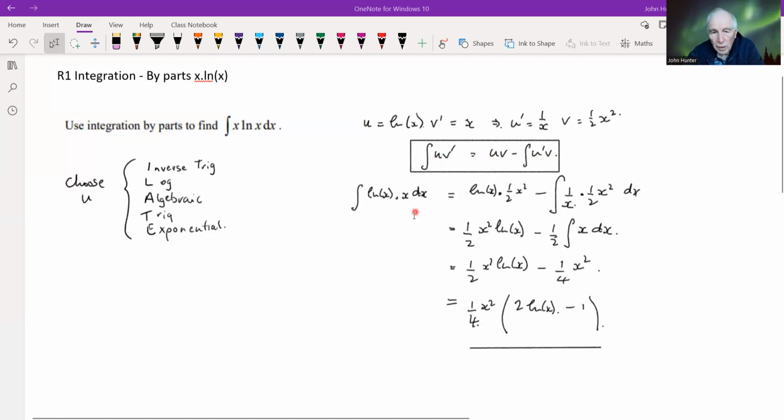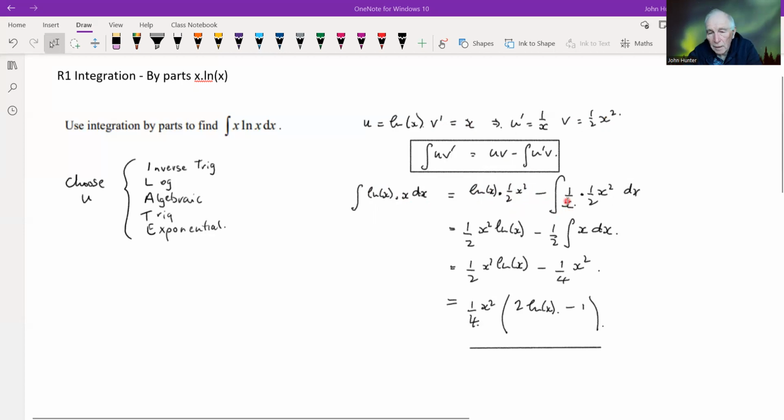Okay, so we'll do that. First of all, we've got u v prime. That's our u, that's our v prime. That's what we started off with. Equals uv, so it's the natural log of x, that's u, and this is the v that we obtained from our process, going from v prime equals x to this v here.